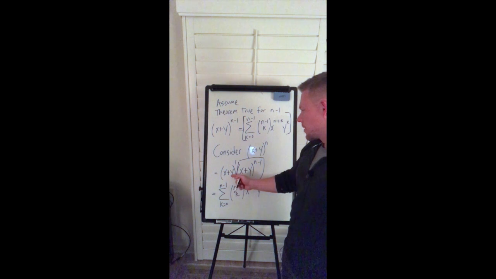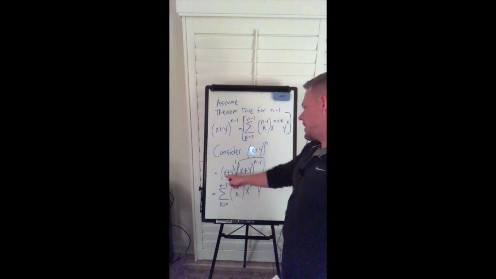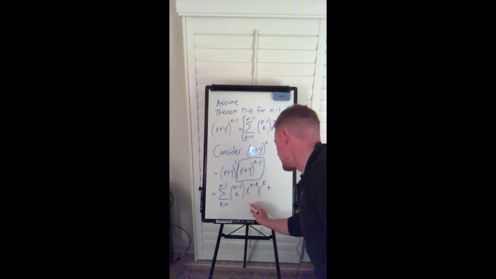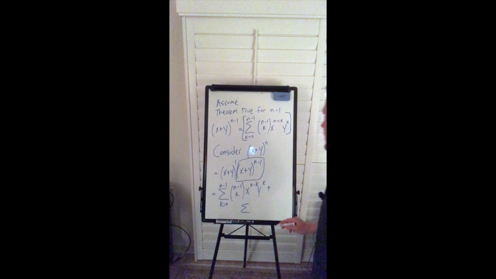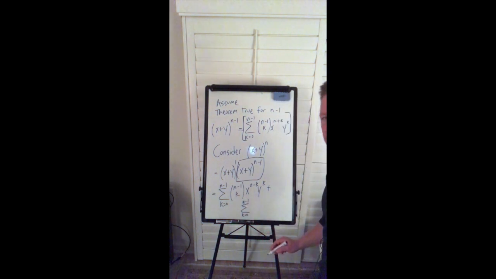Similarly, I'm going to go ahead and multiply my y in. So we are adding these two, so plus the summation. This is getting low here. I'm going to have to erase pretty soon. Summation of k equals 0 up to n minus 1.